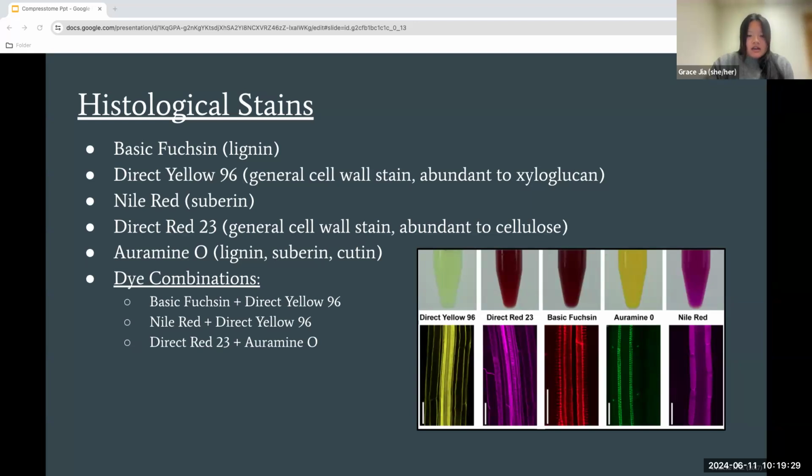And you are actually able to combine these dyes in order to observe these different cellular anatomy structures.